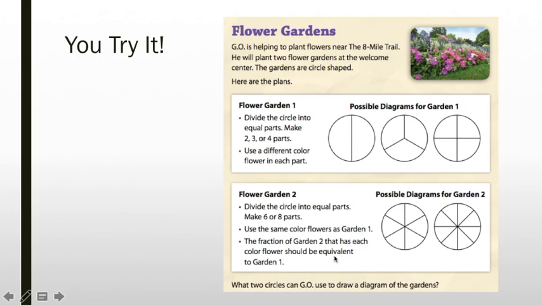Remember, equivalent means that they cover the same amount. They cover the same area. So this task, you're just going to be looking for what 2 circles can Geo use to draw a diagram of the garden. You're going to need to choose a diagram from garden 1 and a diagram from garden 2 that are equivalent.